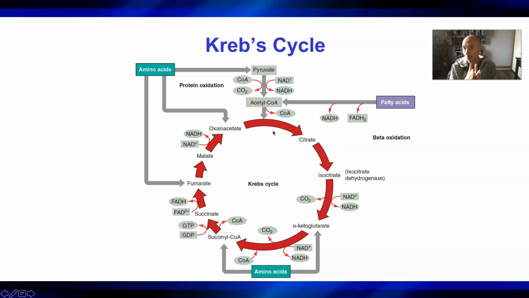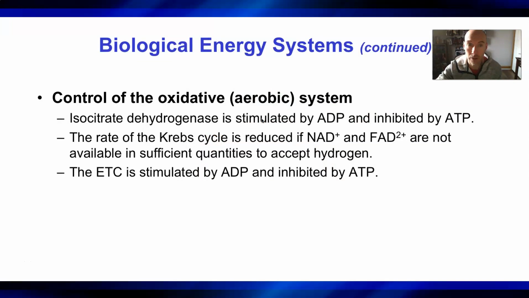The electron that is bound to hydrogen is really where the energy lies, okay? So in the Krebs cycle we're harvesting these electrons from the molecule, and then sending those electrons to phase 2 of the aerobic cycle, which is not pictured, but it's called the electron transport chain, okay?